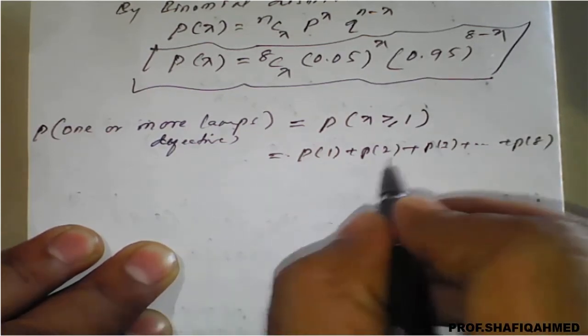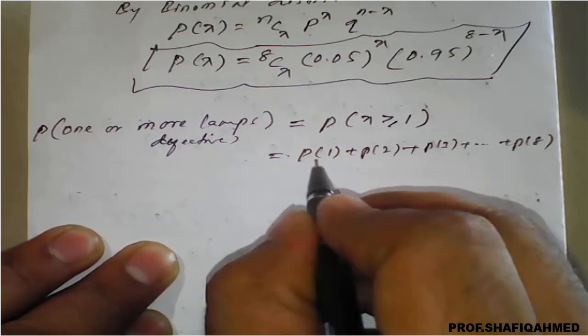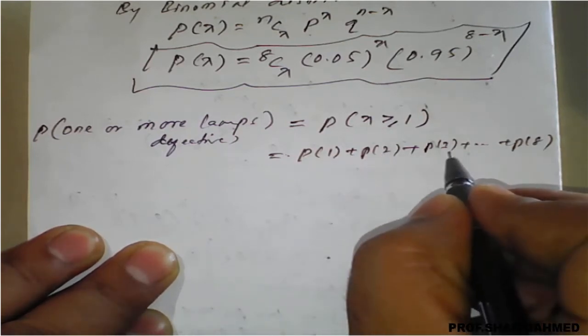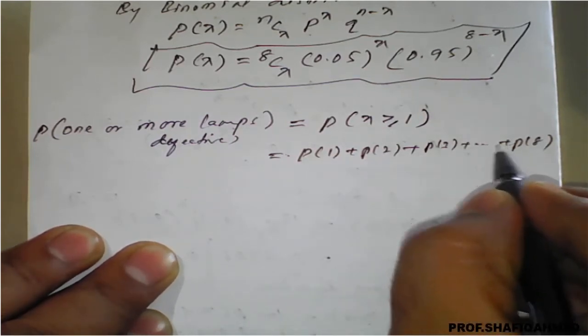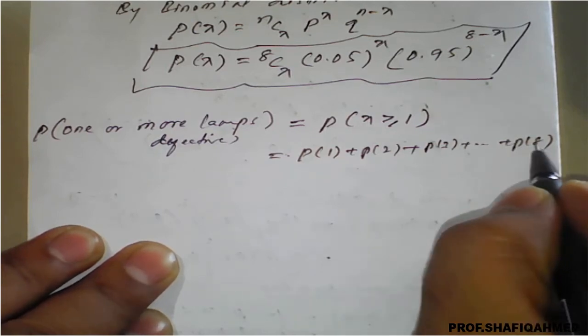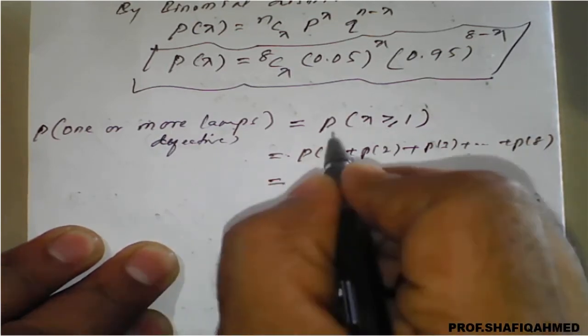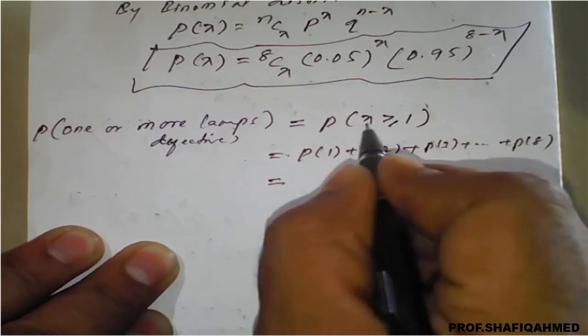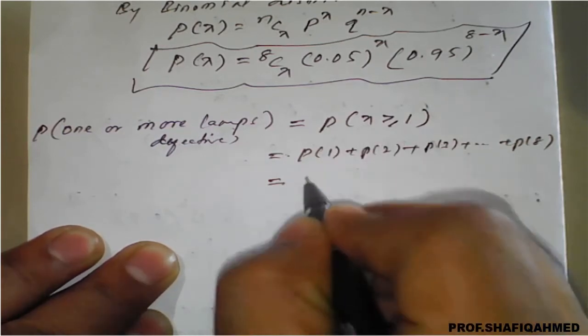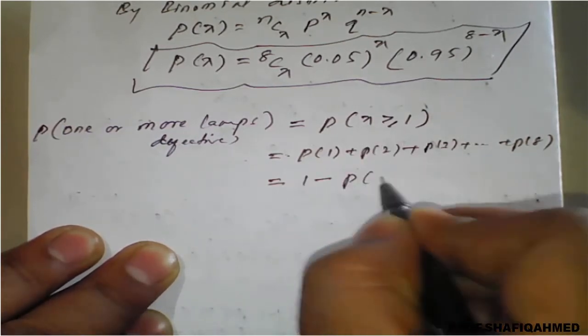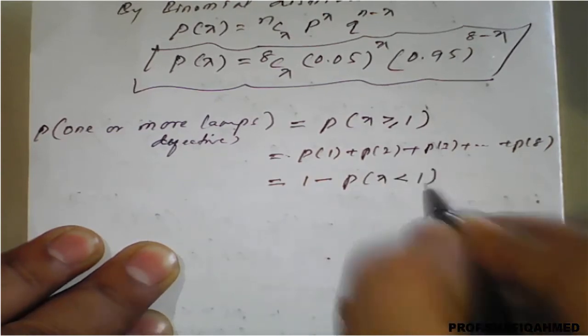So instead of finding the probability of each P of 1 plus P of 2 plus P of 3 plus P of 4 plus P of 5 plus P of 6 plus P of 7 plus P of 8, we can reduce this formula as P of x greater than or equal to 1 as 1 minus P of x strictly less than 1.